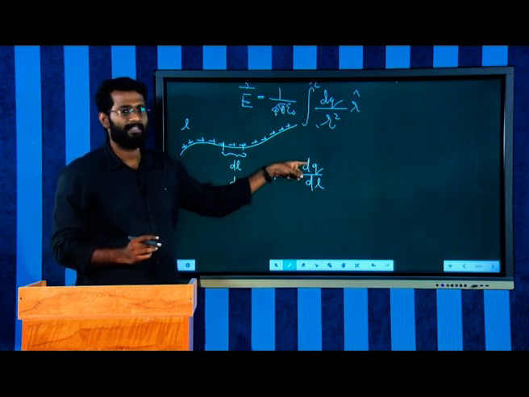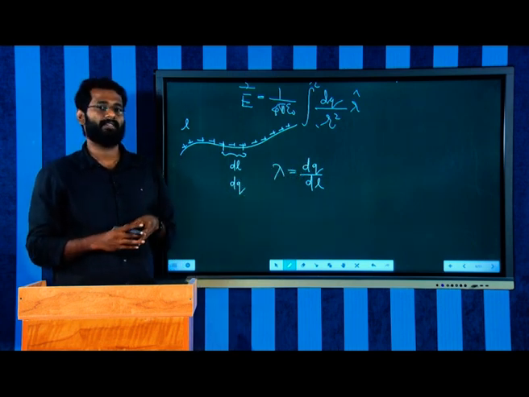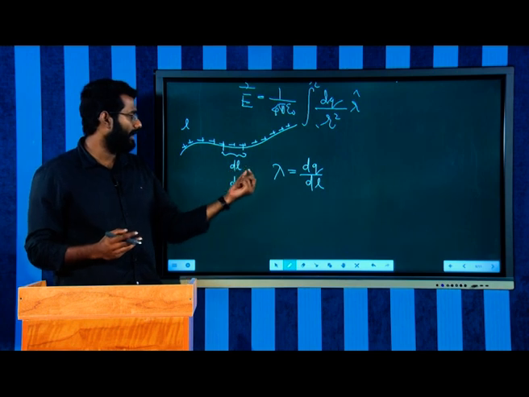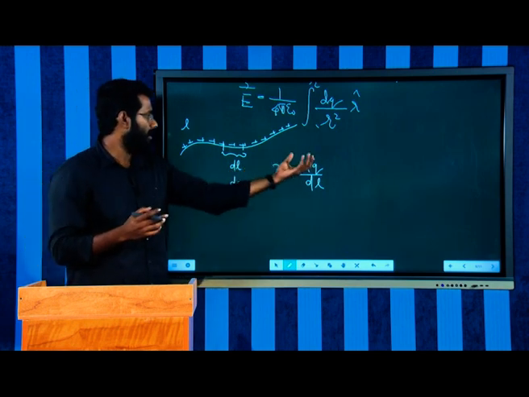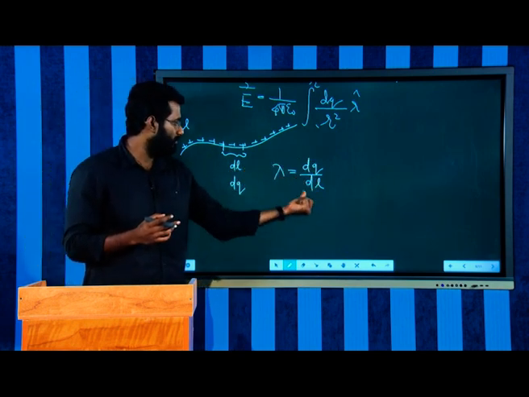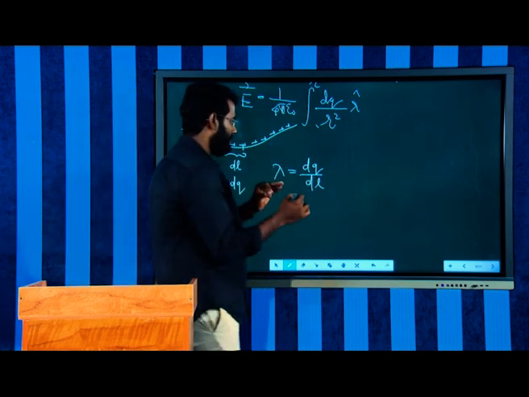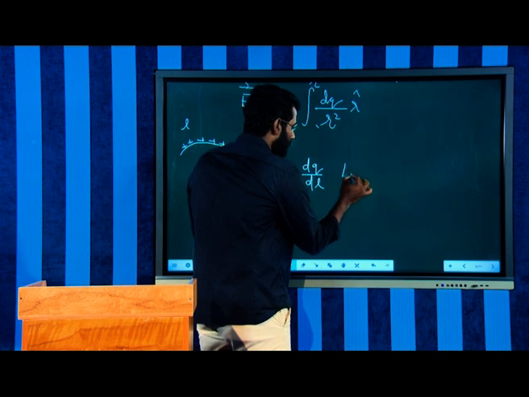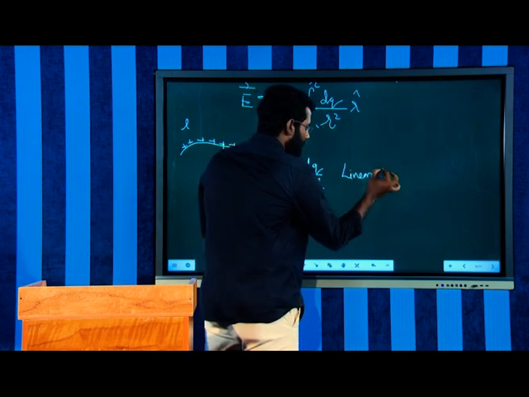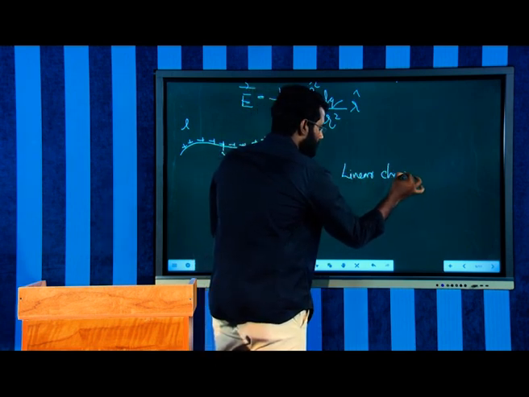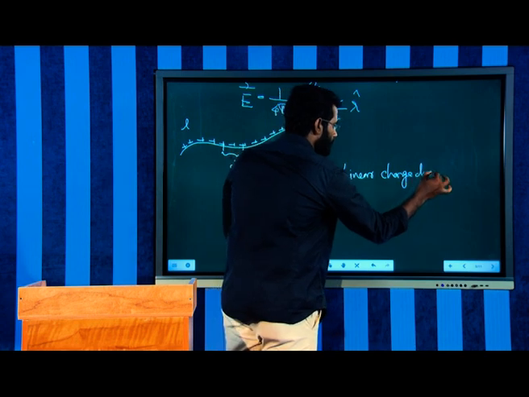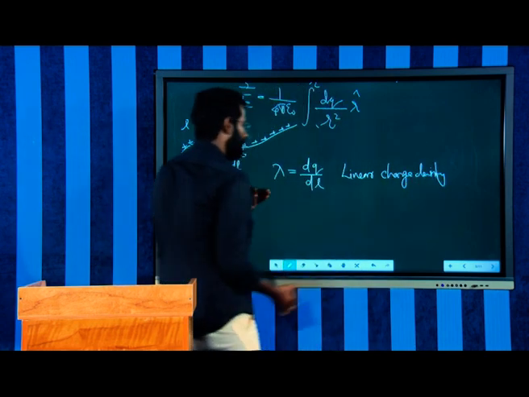This is the charge per unit length of the wire. It is a density, something distributed over a line and divided by its geometry. Particularly it is called the linear charge density.